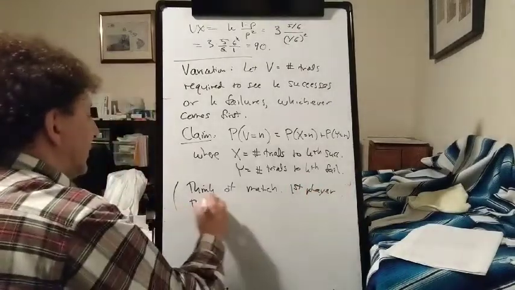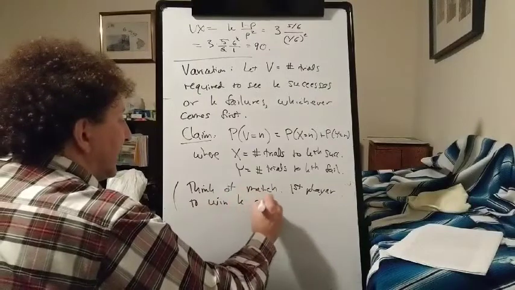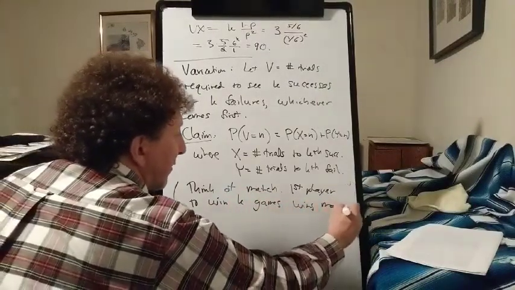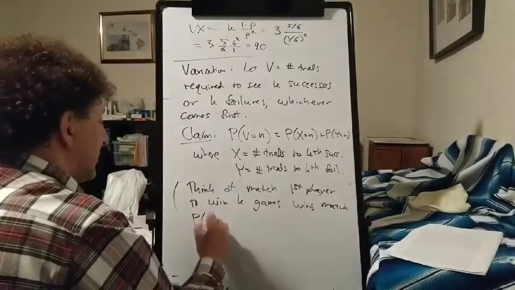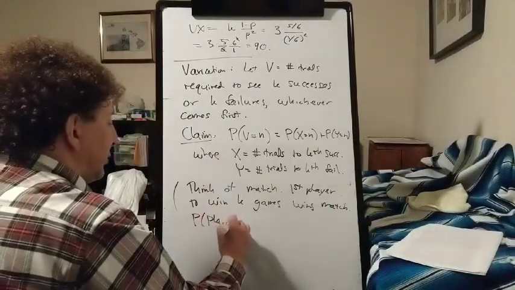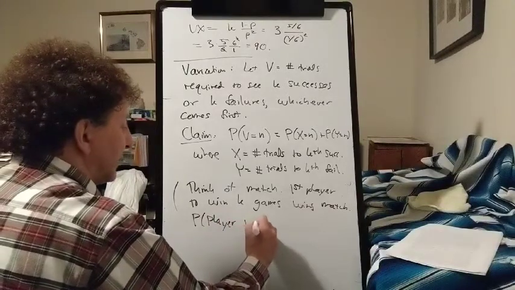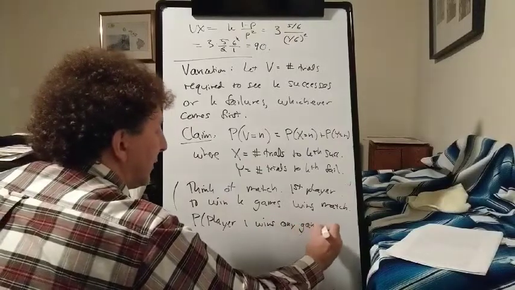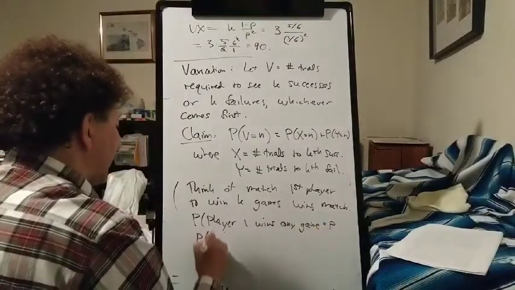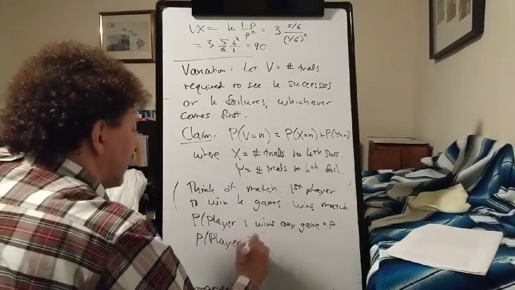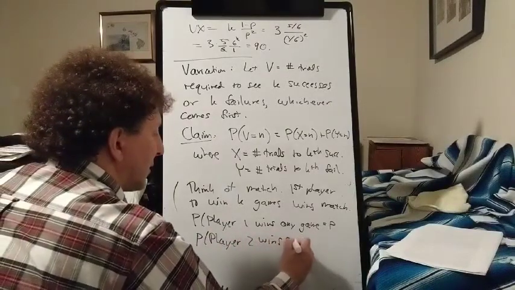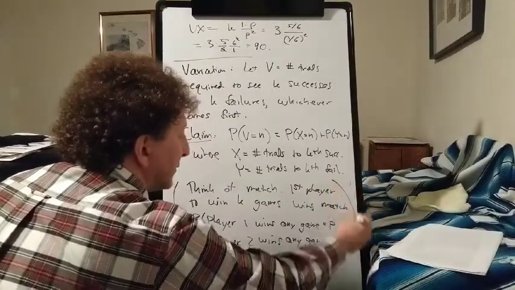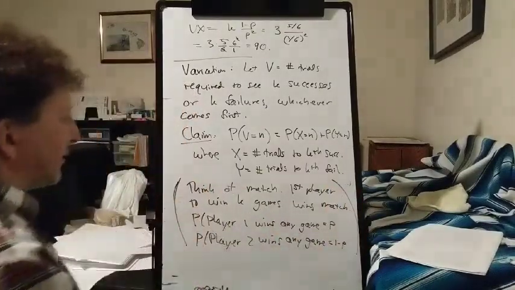So the first player to win k games wins the match. We have two players. The probability player 1 wins any game is p, and the probability that player 2 wins any game is 1 minus p. That's just how I'm thinking of it.